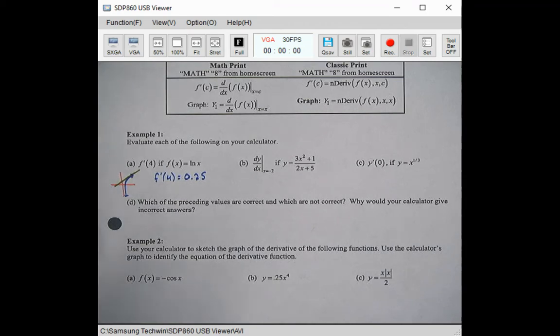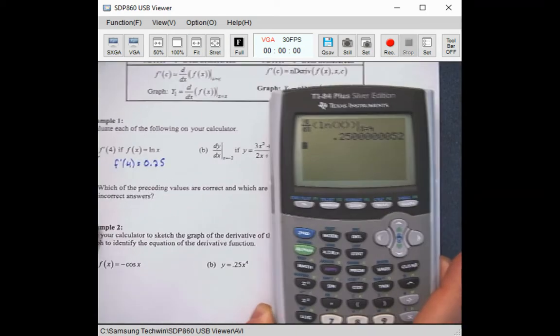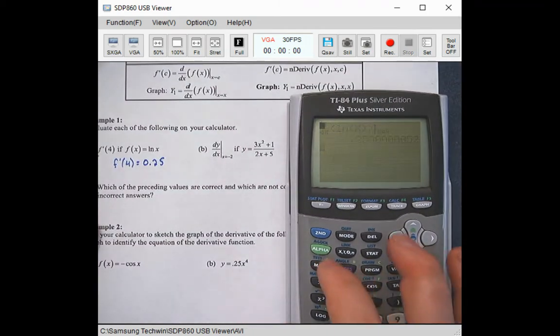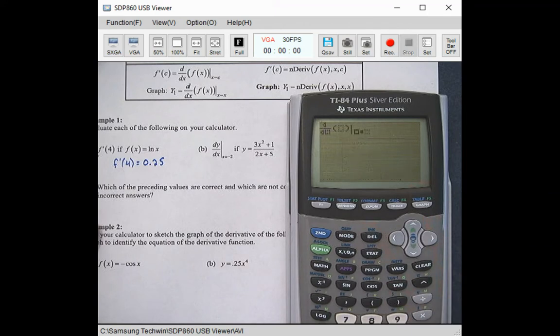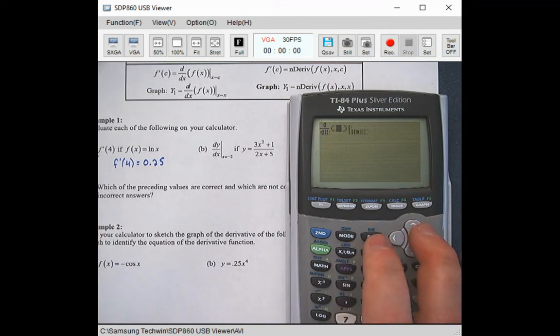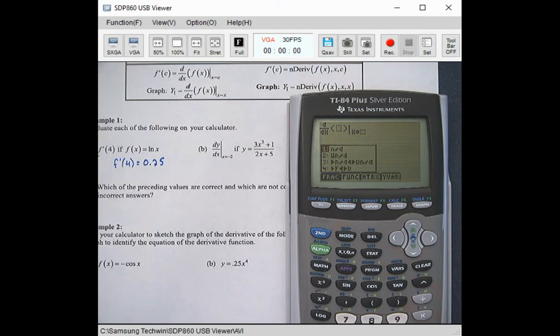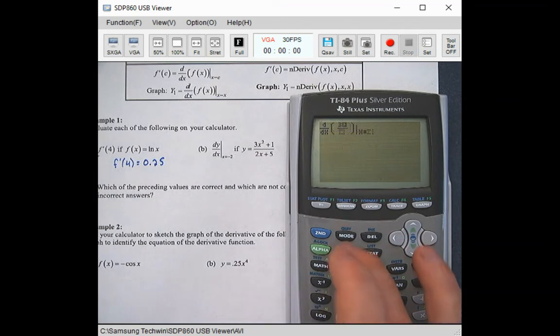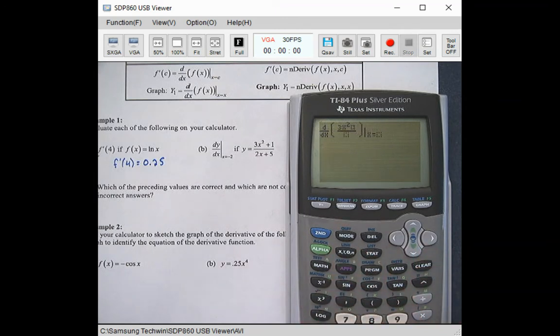All right, let's see how you did. So, Alpha F2, I mean. I'm deriving according to x. I'm going to now put a fraction back in there because I have the new fancy one. x squared plus 1 over 2x plus 5. I'm going to derive this at -2.